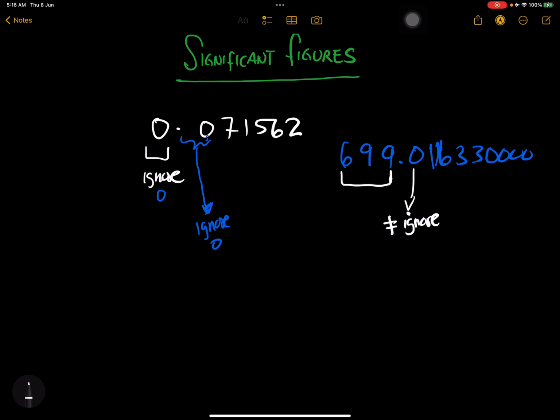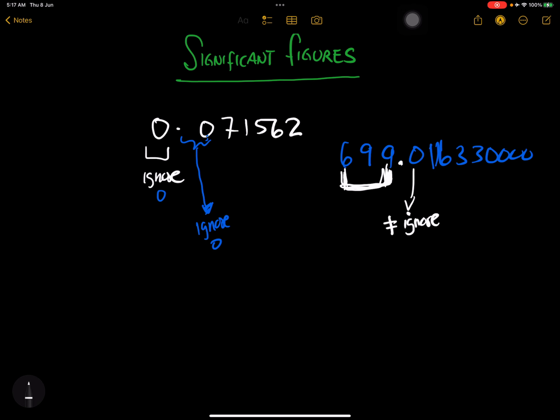Because the number in front of the decimal point is not zero. So since it's not zero and there's a zero right after the decimal point, we have to count that zero. We only ignore that zero if the number before the decimal point is zero.